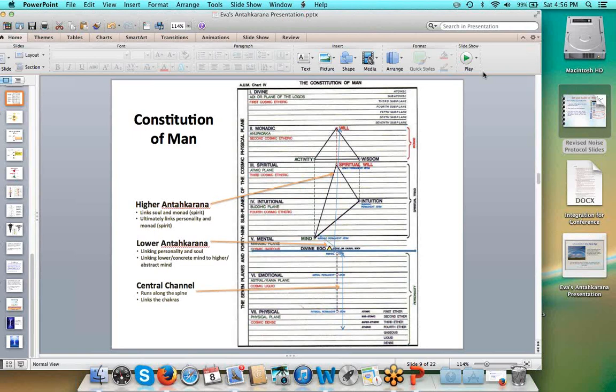So for the most part, let's just deal with the personality color. For example, for the first ray, most of us identify it as red, that scarlet red color.